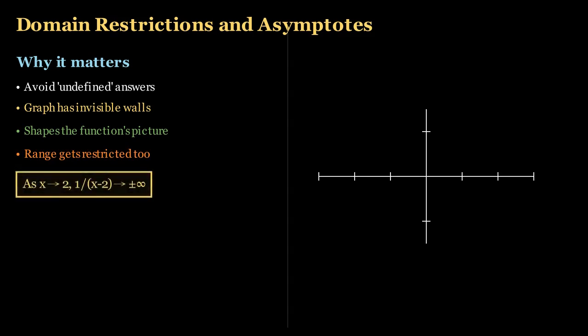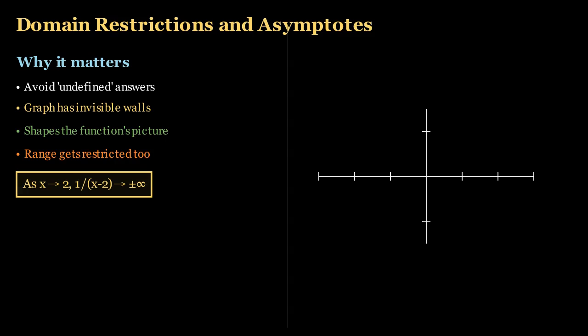The function can never touch or cross that wall. And because the function can never land on certain y values near that wall, the range, the set of possible outputs, gets restricted too. Understanding these restrictions is like reading a map before a journey, you need to know where the bridges are out.